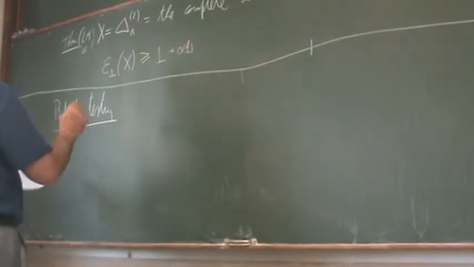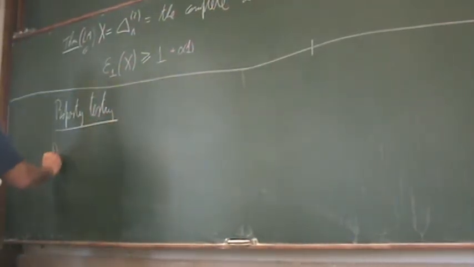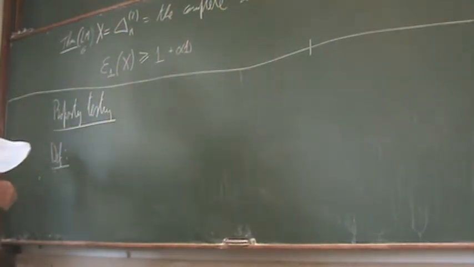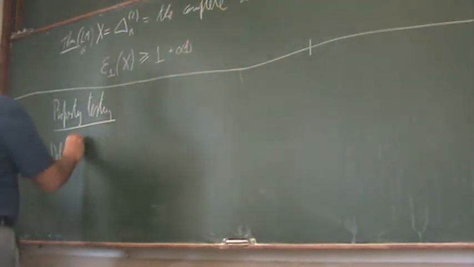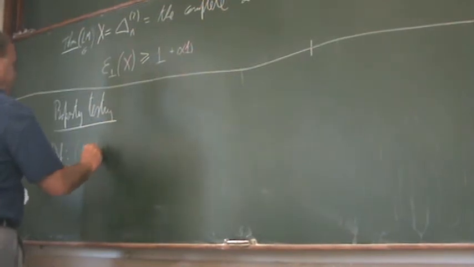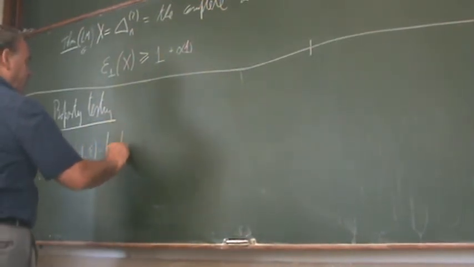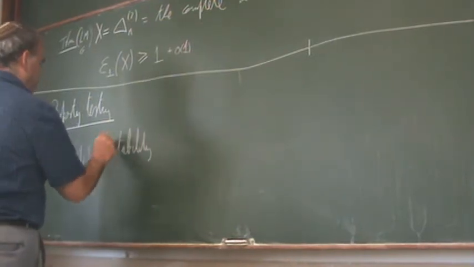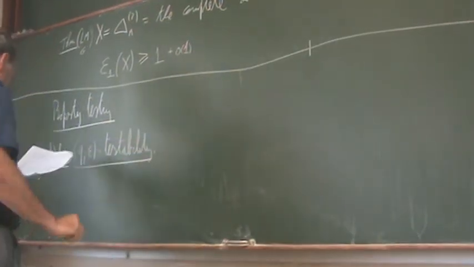I'll make a definition, a special case, something which is called, let's say, Q epsilon testability. And let me make the formal definition and then we'll try to explain what it means.